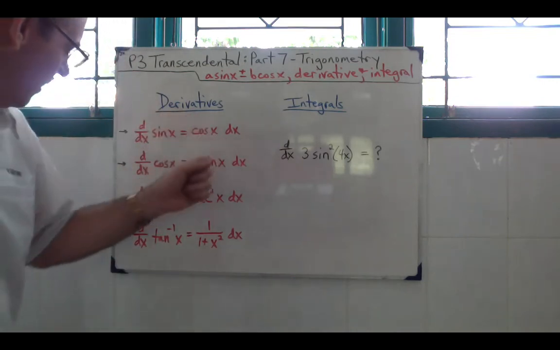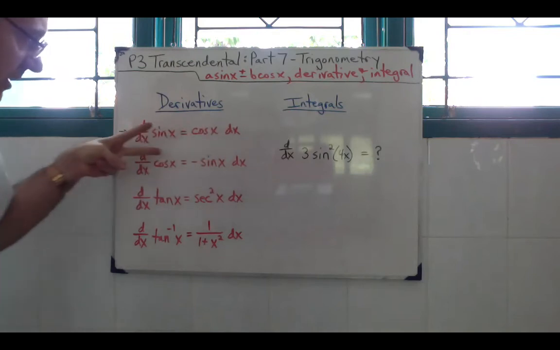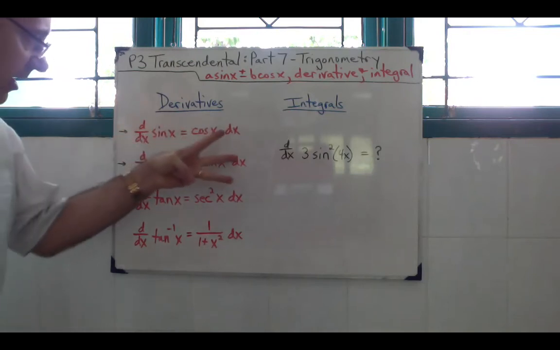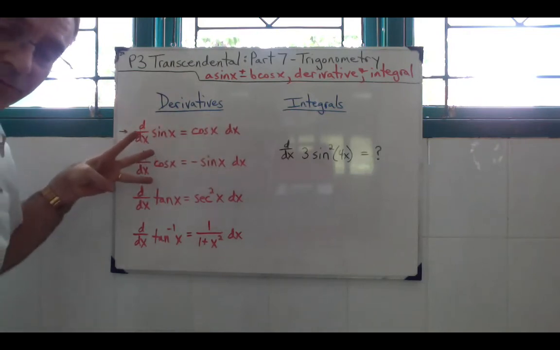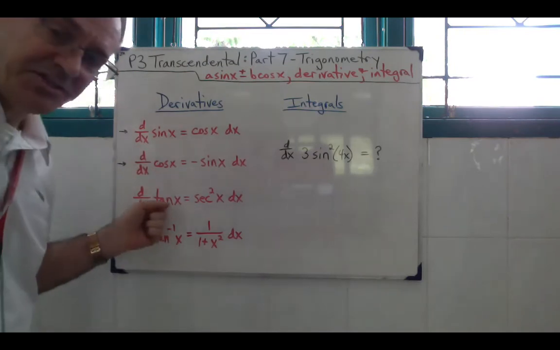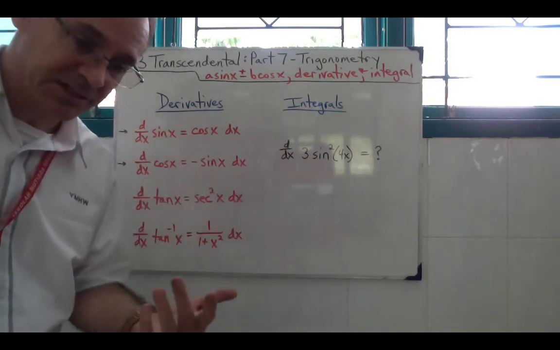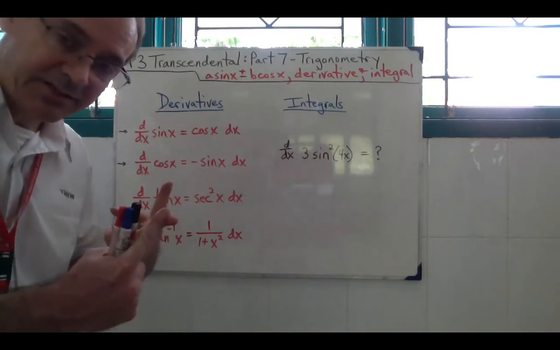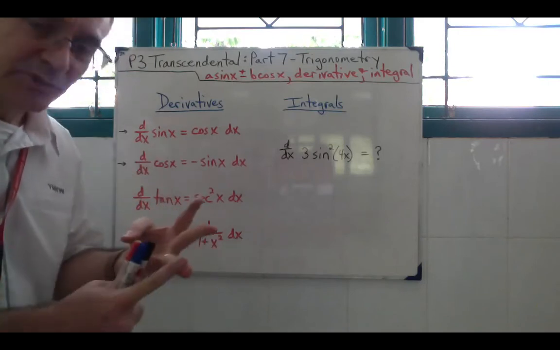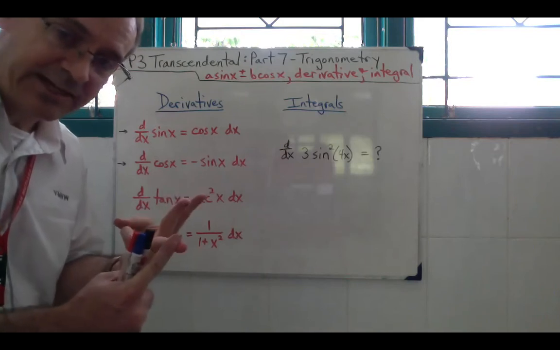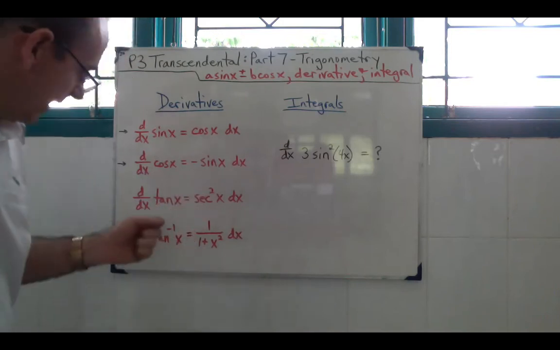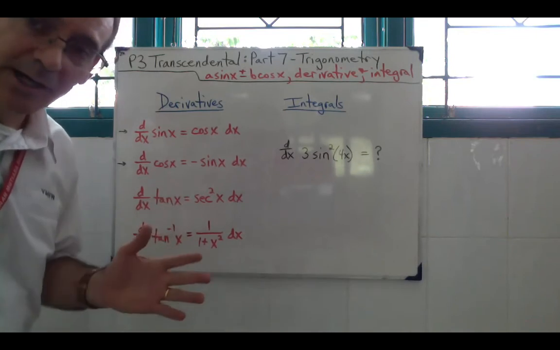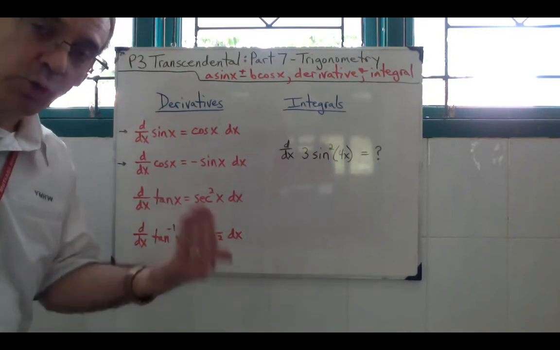So these two here are the most fundamental. These three here are your basic trig functions. But tangent and the reciprocal functions, like cosecant is 1 over sine, secant is 1 over cosine, cotangent is cosine x over sine x. All three of those and tan x are fractions. They are quotients.